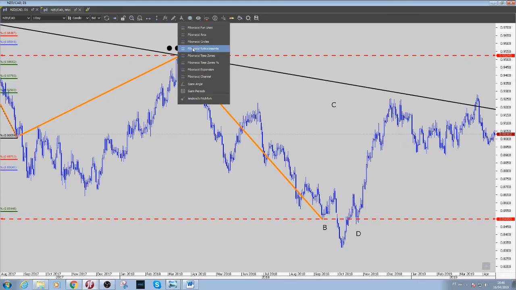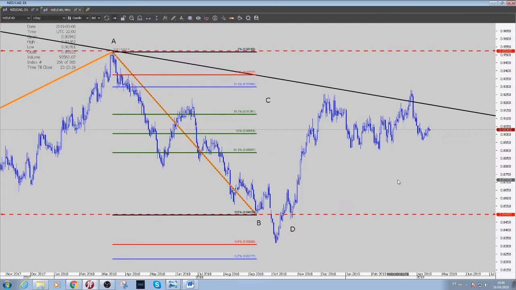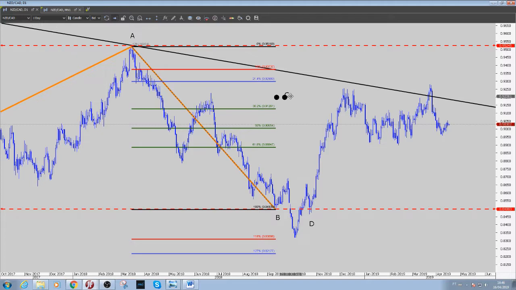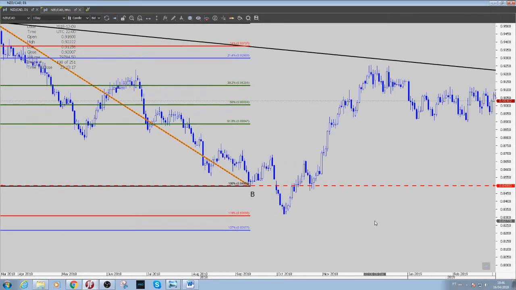So A to B, C, and we are here finally. Great. So we have the original Fibonacci pointing down. Now let's draw the contrarian.